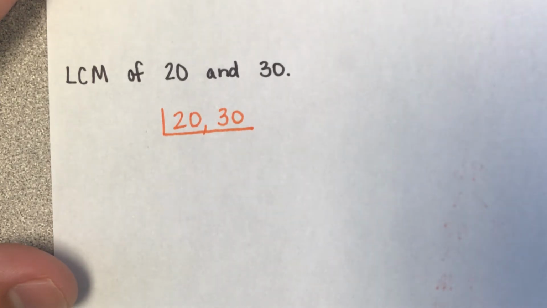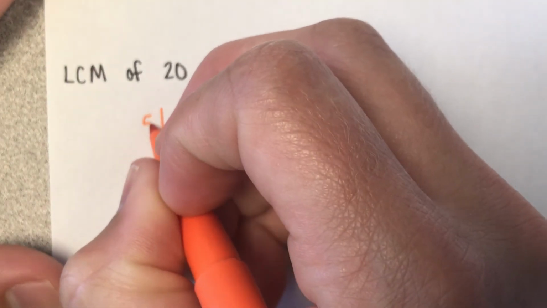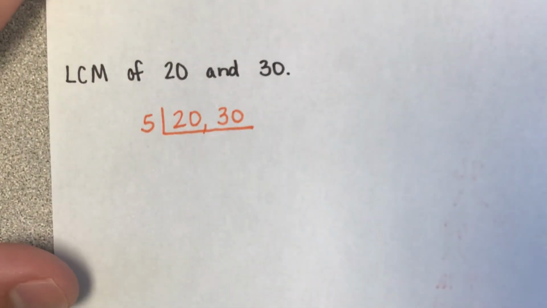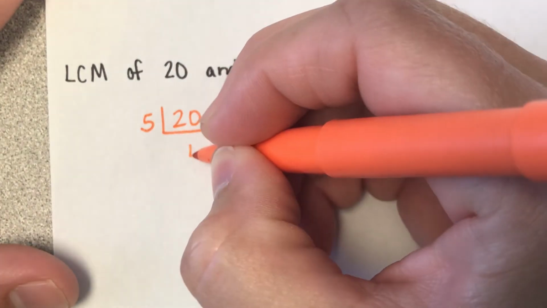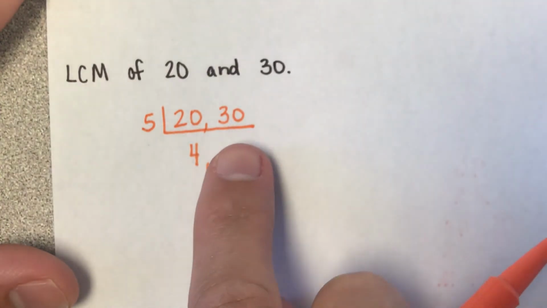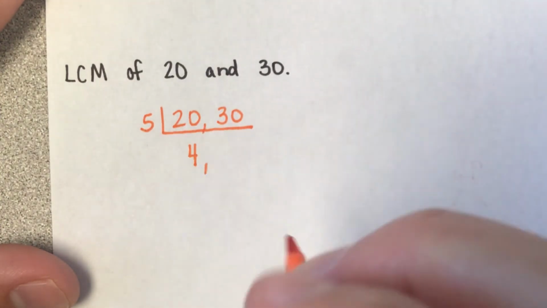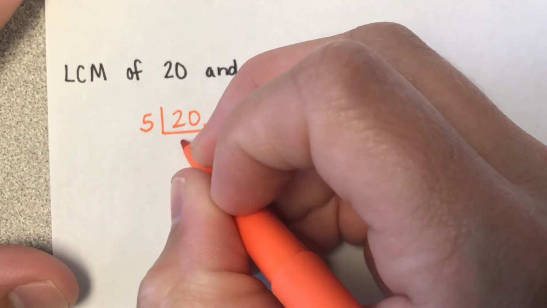If you're a little more comfortable, you can pick 10. It doesn't matter, any of them will give you the same answer. So let's just do 5. What times 5 gives you 20? That would be 4. What times 5 gives you 30? That would be 6.